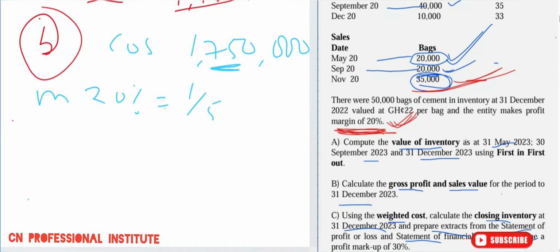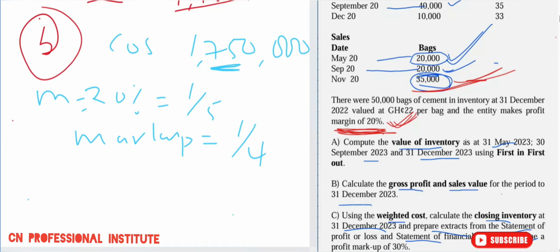So markup, if you remember, will be 1/4. You less the top one from the 5, and you get 1/4. So markup is 1/4.